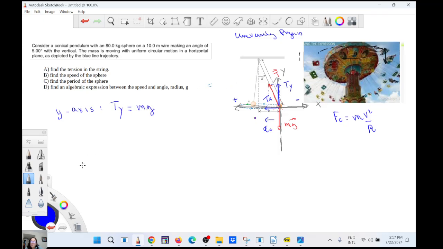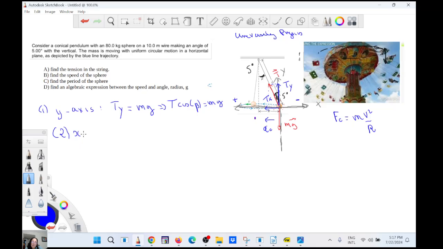This angle here is 5 degrees, and you see this is parallel to that, so you're going to have that angle here, 5 degrees. So the y component is T cosine beta equals mg. That will be equation 1.